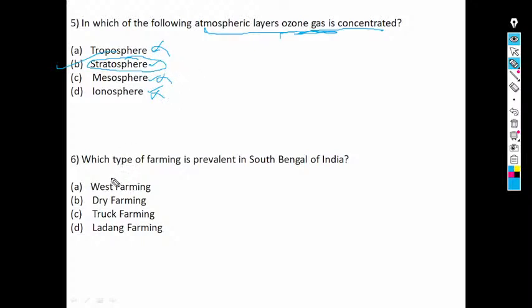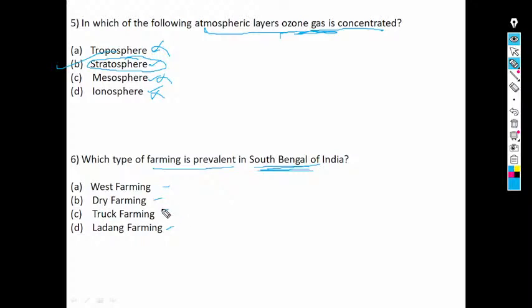Then, which type of farming is prevalent in South Bengal of India? Waste farming, dry farming, truck farming, or ladang farming.